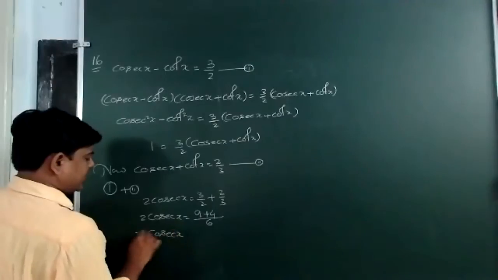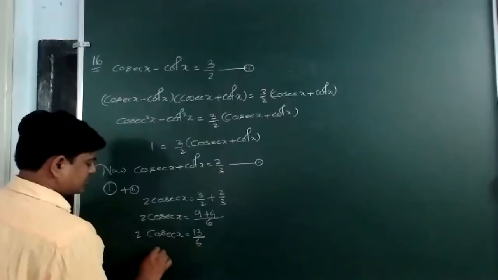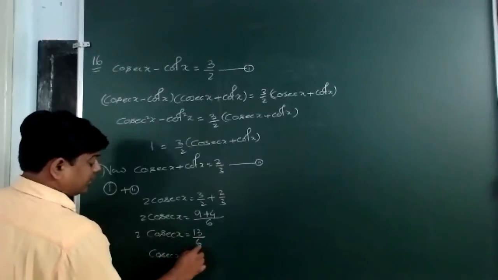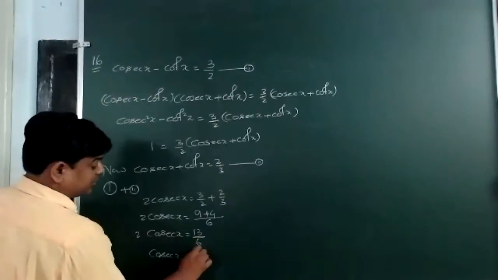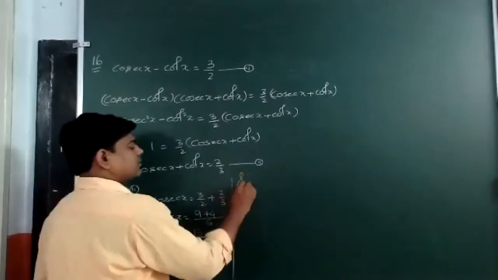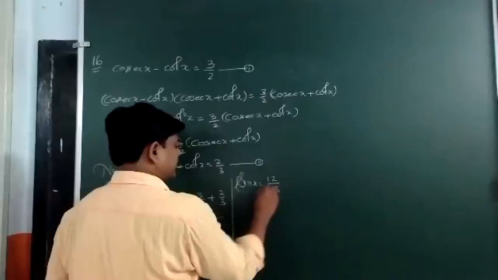Cosec x we had got as 13 upon 6. So cosec x is equal to 13 upon 12. Or in other words, I can say sin x is equal to 12 upon 13.